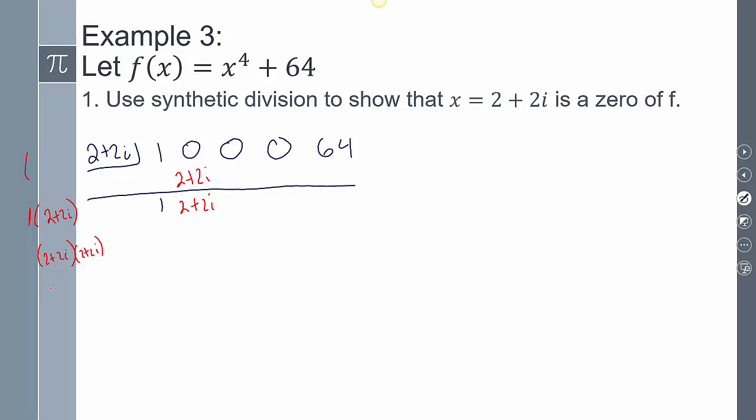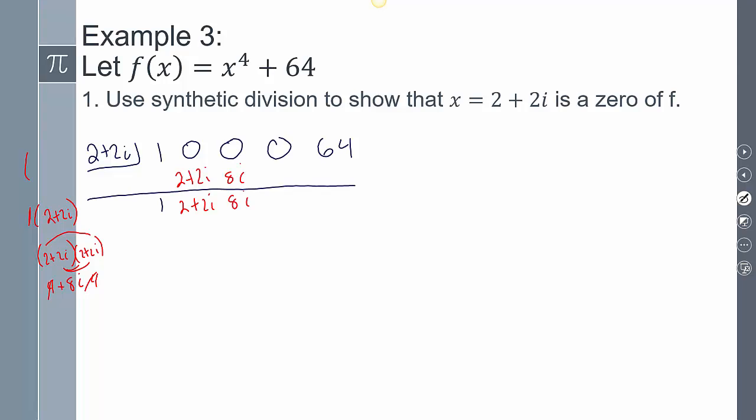Now if I FOIL that, you get 4 plus 4i and 4i, so plus 8i. And then here, 2i squared, that's going to give me minus 4. Because 2 times 2 is 4, i times i is i squared is negative 1, so that gives you minus 4. So those are going to cancel out, and so you're going to get 8i.